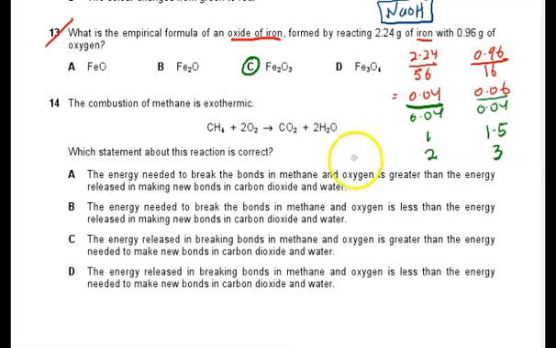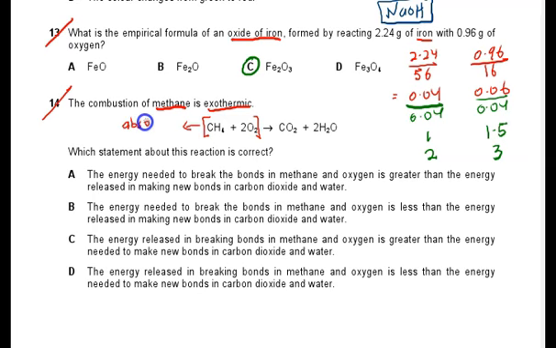Okay, now look at number 14. The combustion of methane is exothermic. It means it's releasing a lot of heat. So remember, for the reactants, this reaction will be absorbing the heat.